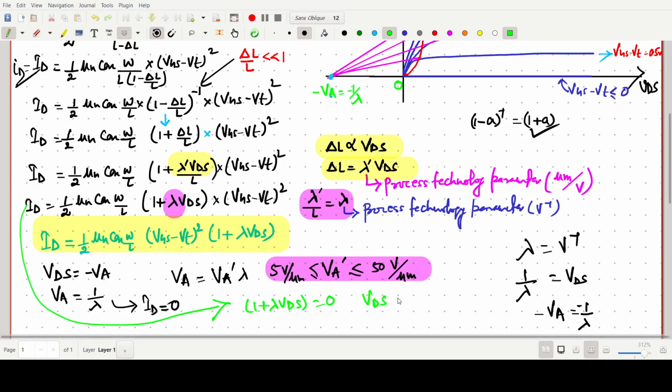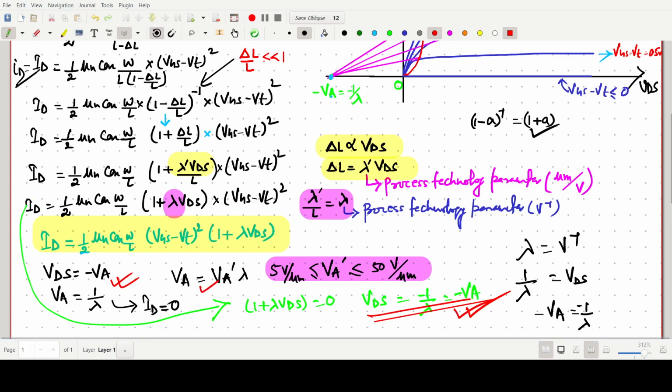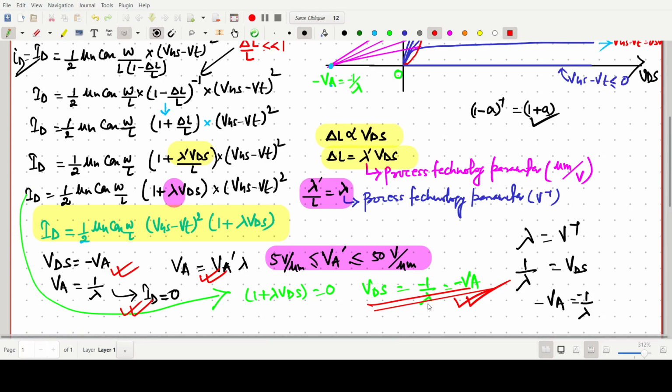So VDS equals to minus 1 by lambda, which is basically our minus VA. This is the early voltage. Clear? VDS equals to minus 1 by lambda, or VA equals to 1 by lambda.